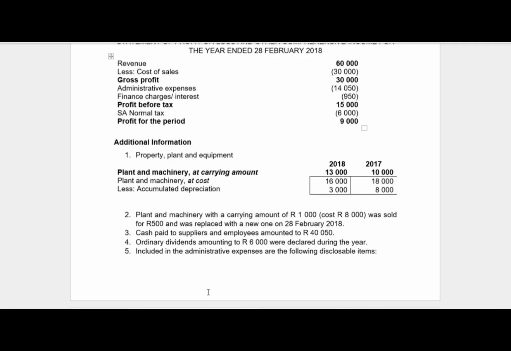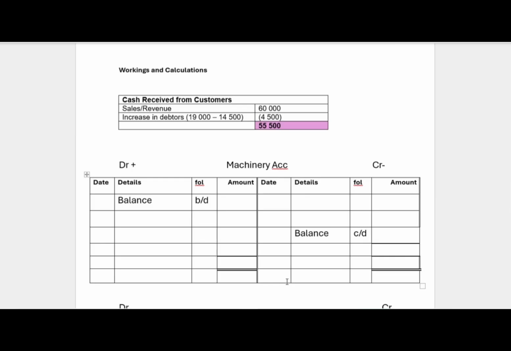If you check, we're going to look at the cost price, not the carrying amount, not the accumulated depreciation, but the cost price. So the cost price of plant and machinery at the beginning is 18,000. The beginning is the previous year, because remember, closing balance of the previous year will be an opening for the current year.